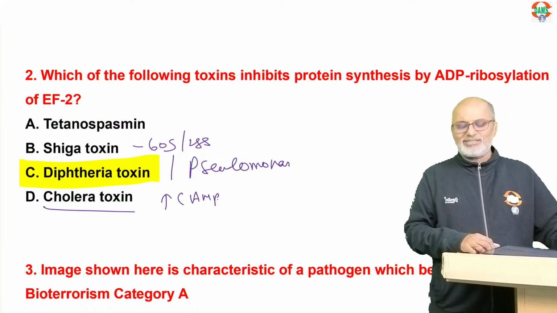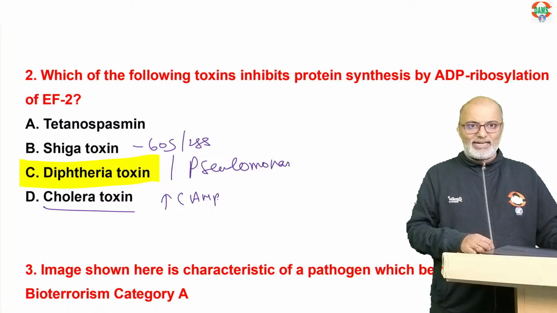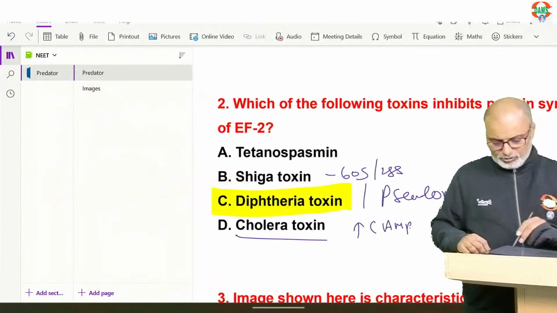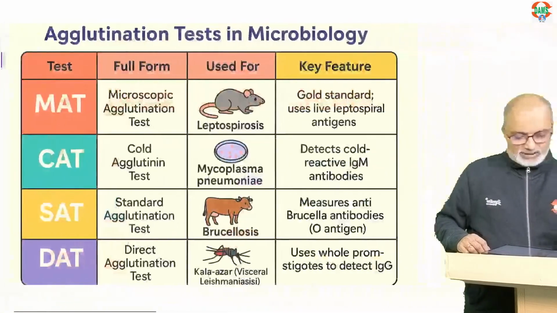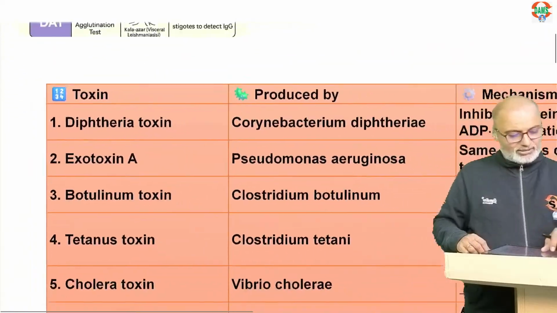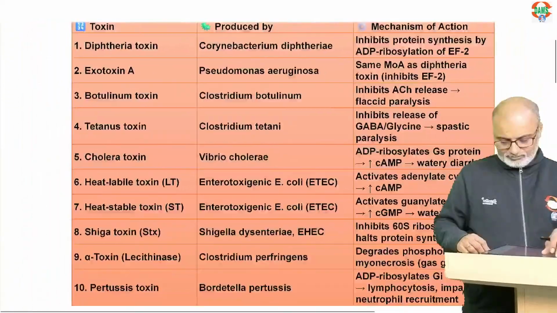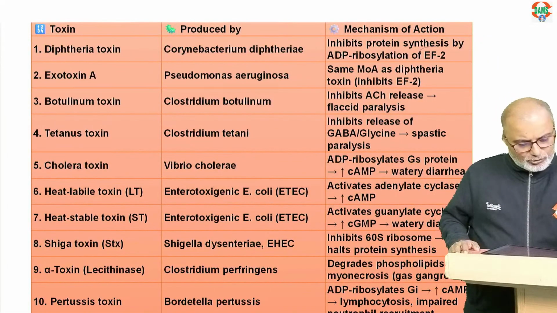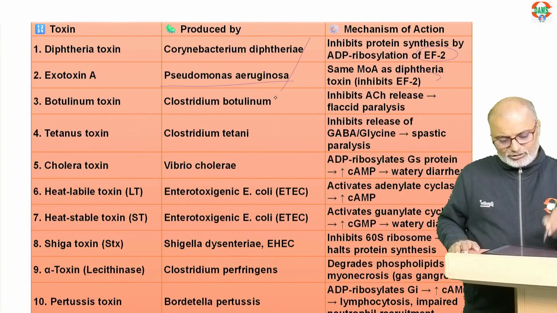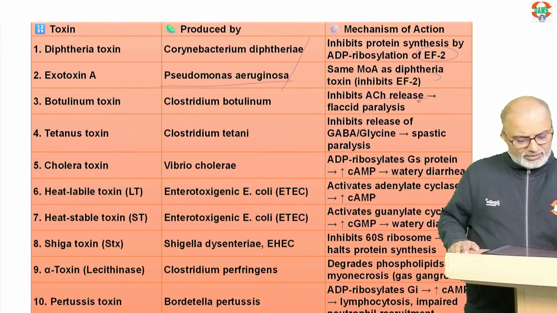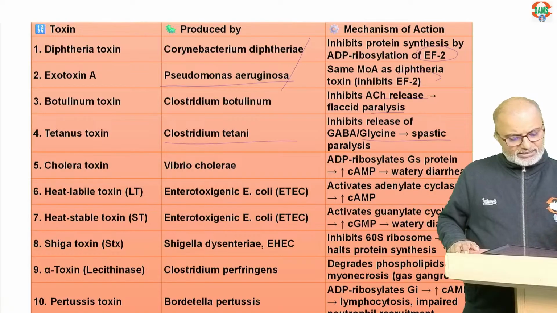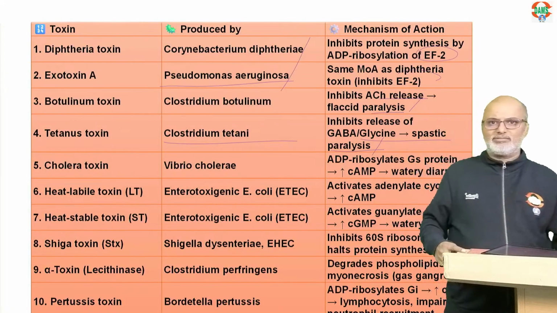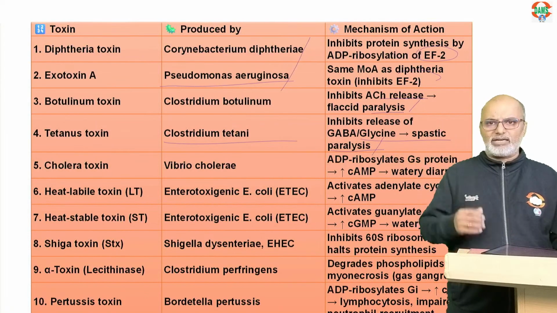So always, one slide of mine gives about toxins. You should know this. All these images you'll get in the PDF by today evening itself. Don't worry. Important 10 toxins, many are there. Diphtheria, elongation factor 2, same thing by Pseudomonas exotoxin A. Botulinum toxin inhibits the release of acetylcholine, flaccid paralysis; tetanospasmin, spastic paralysis. Tetanus toxin inhibits the release of GABA and glycine.